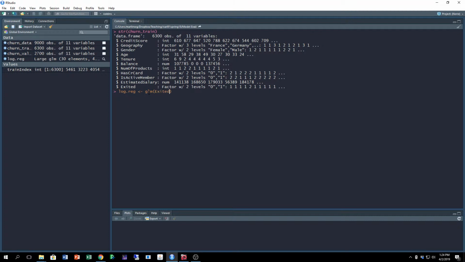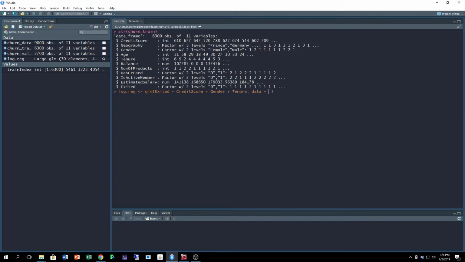And we can use the exited flag as our response, and then because we want to select the variables, we would have to write them one by one. If not, we would just use a dot, and that should be enough to select every variable. So in that case, let's write the credit score. We want the second variable to be the gender, and the third variable that we want to use is the tenure in the bank, and that's the number of months in the bank.